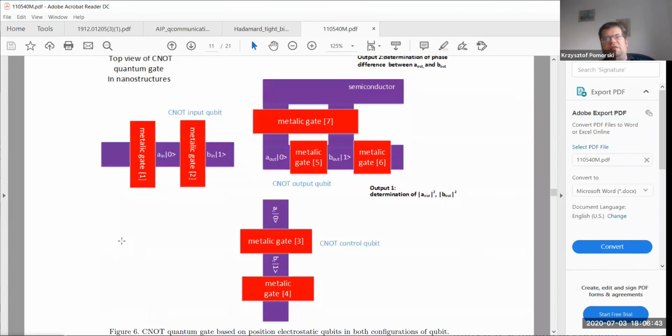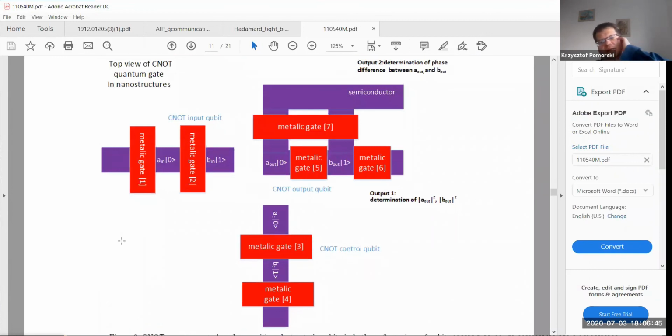All right, so obviously you can think about more complicated structures, and here is the scheme of a CNOT gate. You have a CNOT input, so you place the electron here, and this electron oscillates but cannot escape this area. You can have a CNOT control gate, so you inject an electron, it stays here, it oscillates back and forth.